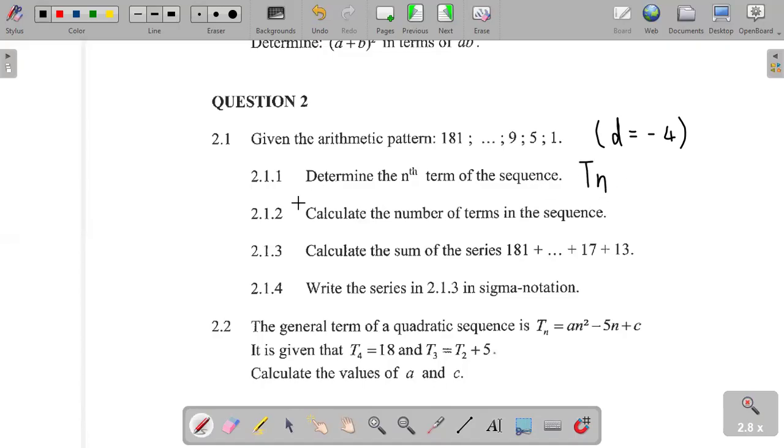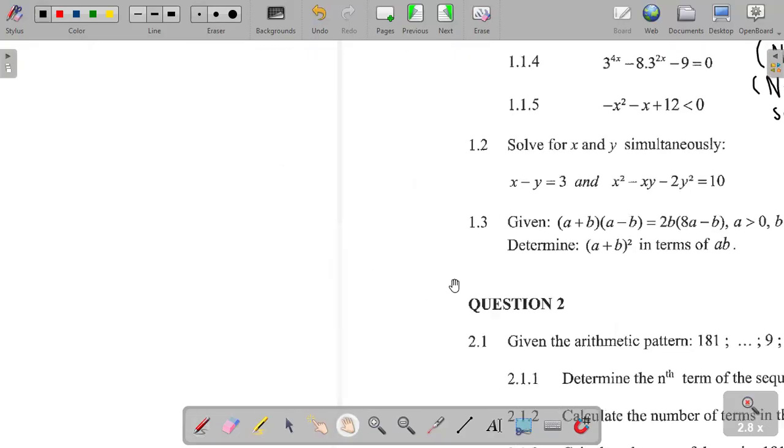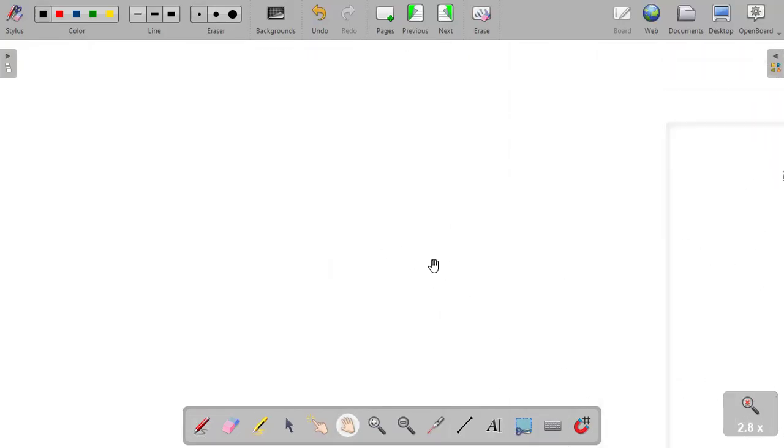So if this is an arithmetic sequence, what's going to happen? So 2.1.1. For an arithmetic sequence, this is what we know. Tn equals a plus (n minus 1) d.